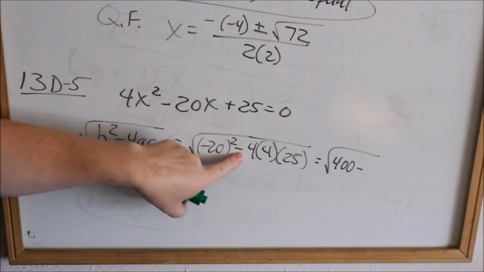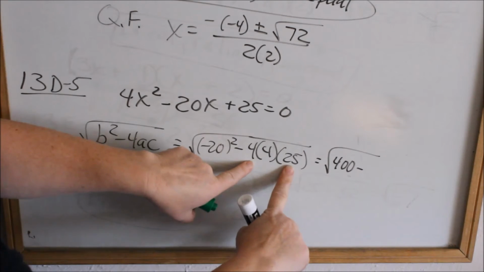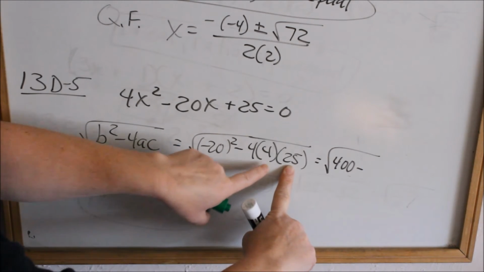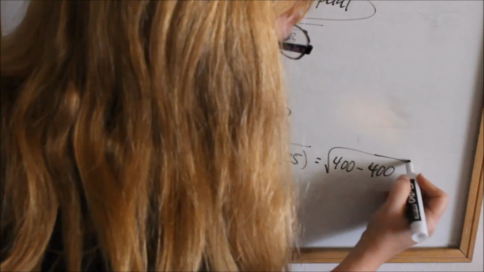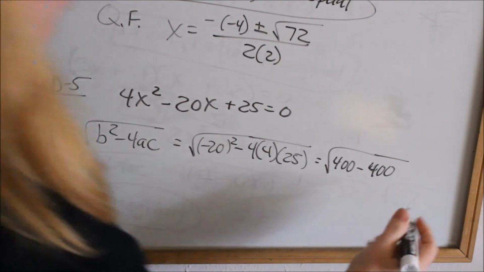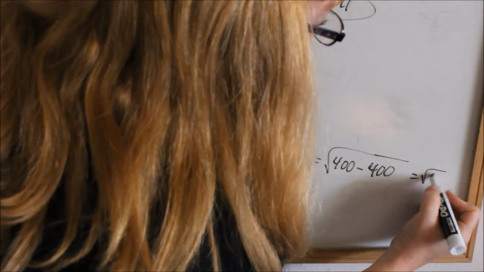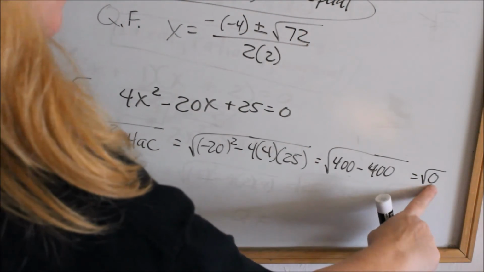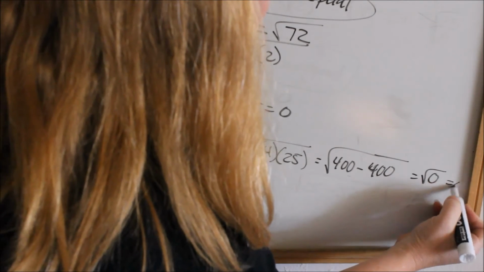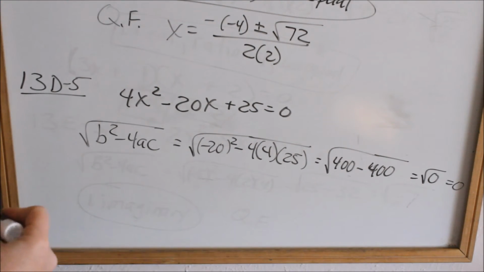I'm still going to have the minus. 4 times 25, that's 100. Times 4 is 400. So 400 minus 400 is 0. Square root of 0 is just 0. This is a special case when your discriminant equals 0.